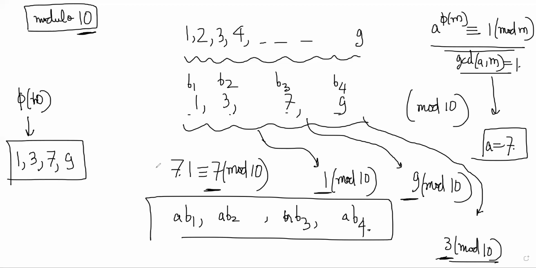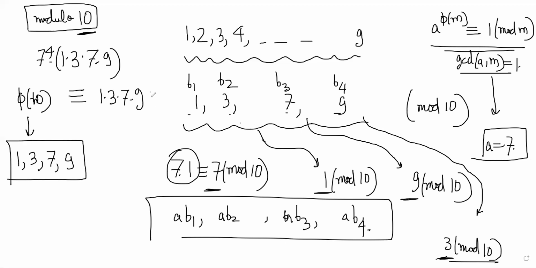So now you can say that if I multiply 7 into 1, 7 into 3, 7 into 7, 7 into 9, I would get 7 power 4 times 1379 on one side, and on the other side, 1379 mod 10. Now you see, when we were doing the previous case, we got some n minus 1 factorial.